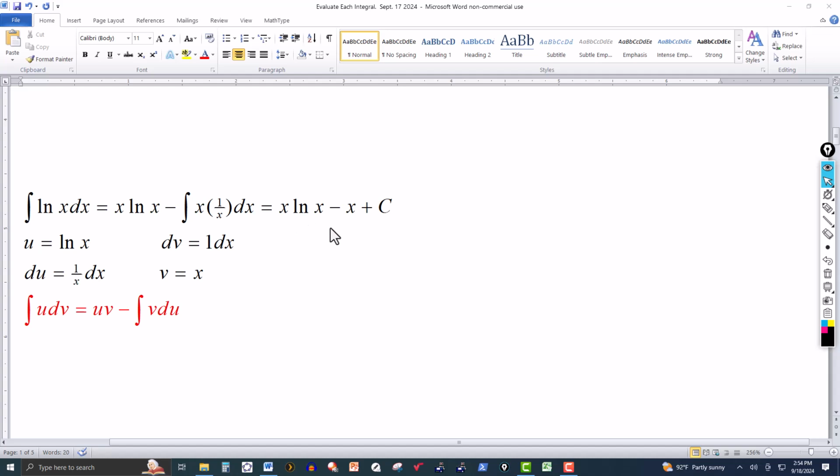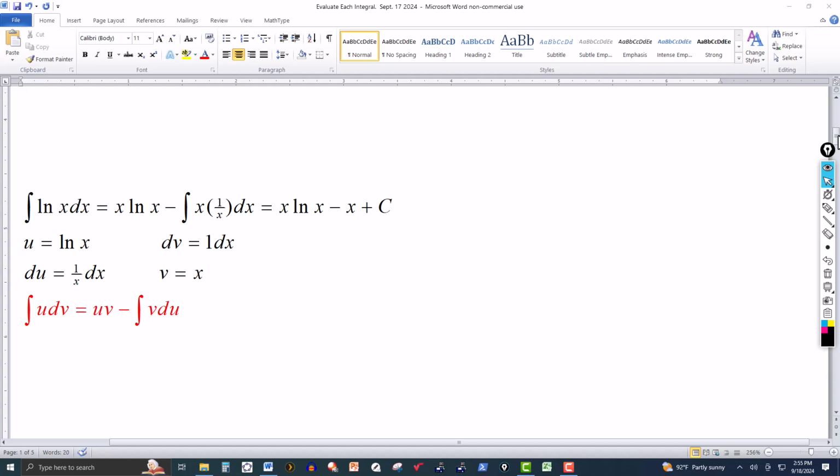Then it's minus the integral of v, which is x, times du, which is 1 over x dx. And of course the x cancels out. I simply get 1 dx, and the integral of that is x. And then I have the constant of integration. So the integral of ln of x dx is x ln of x minus x, plus the constant of integration.